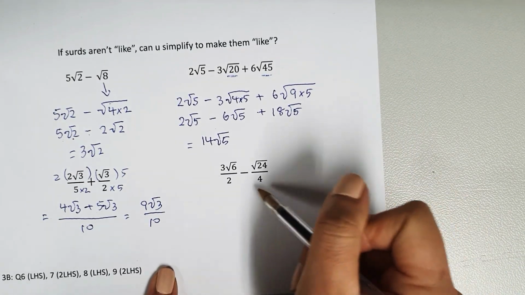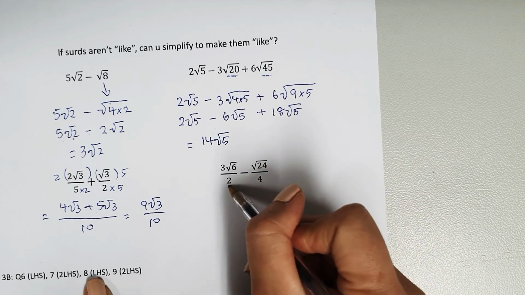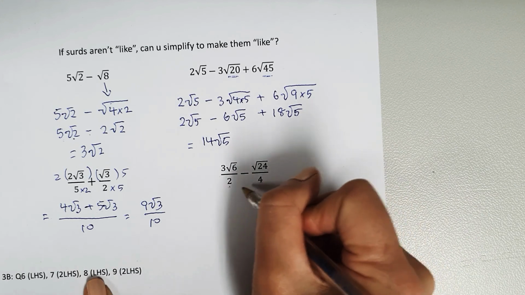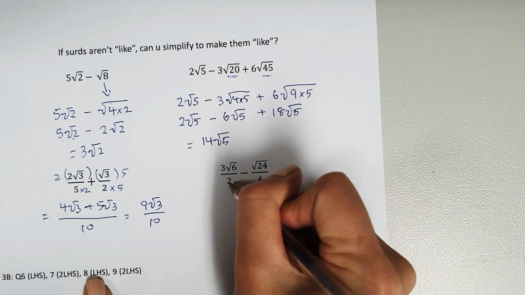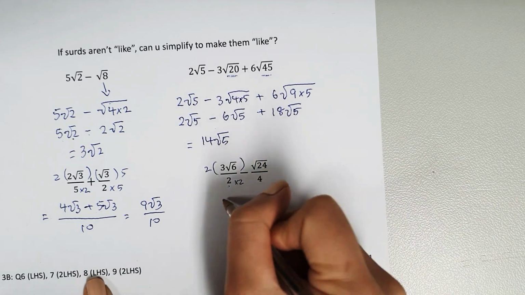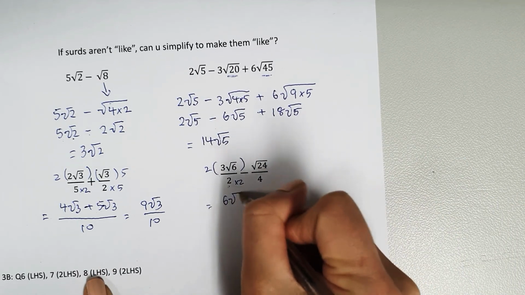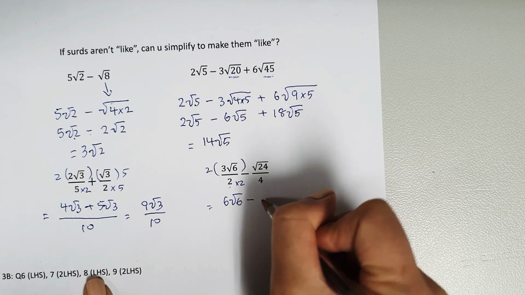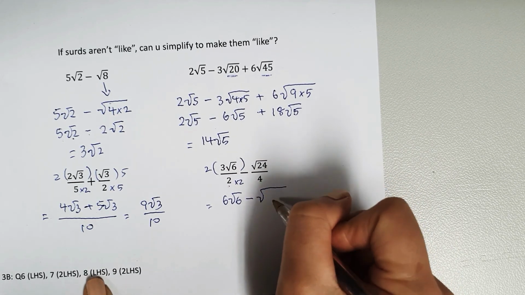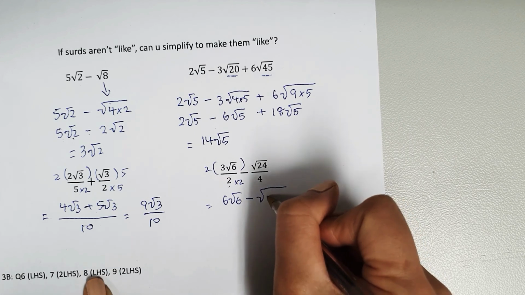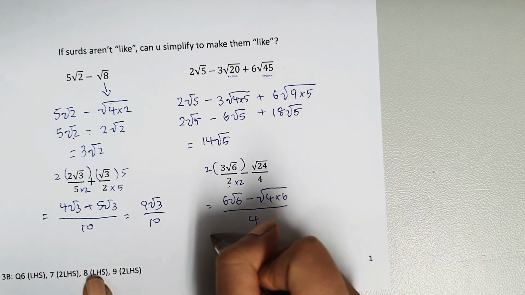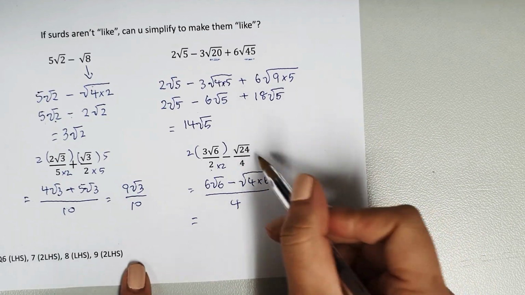We do the exact same thing over here. So if we're subtracting, once again the denominator has to be the same. So to make them the same, the common denominator is going to be 4. We're going to multiply this by 2 and that by 2 as well. So that's going to give us 6 root 6 minus root 24 all over 4. So let's split the root 24 up into 4 times 6, because we can simplify the surd.